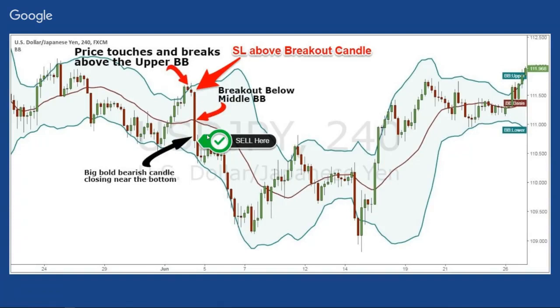Most trading platforms will allow you to use alerts whenever a line is crossed. So, I would definitely set an alert so I would know when price pushed back above the center band.